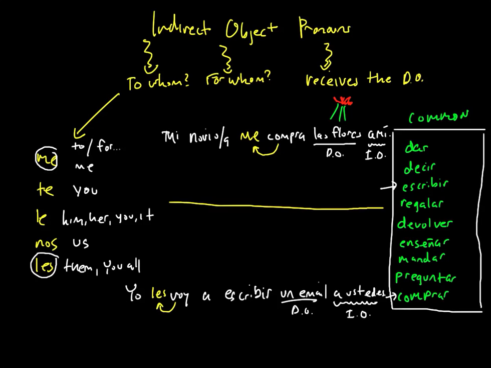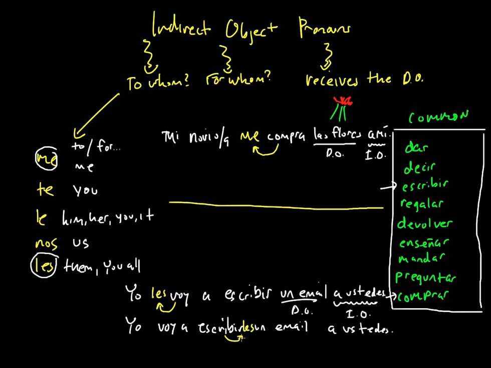The second option is yo voy a escribir un email a ustedes. And so now I'm going to write this le here. I'm going to attach it to the infinitive escribir.